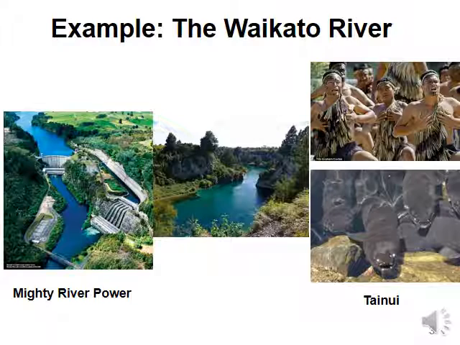And then there was also Maori, and these were people who came from the Pacific Islands and migrated to New Zealand around 500 years ago. Now, basically, there was a local Maori tribe called Tainui, and they loved catching eels and eating the eels.